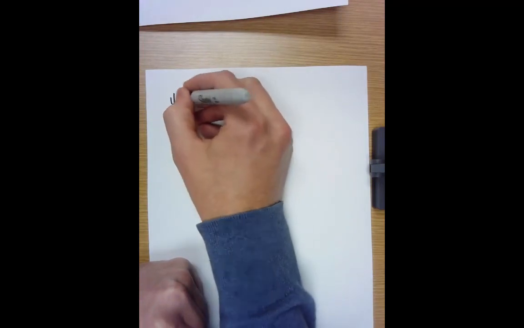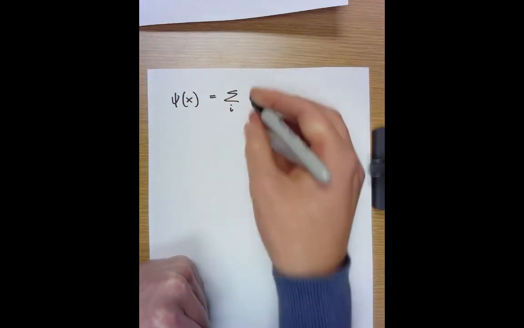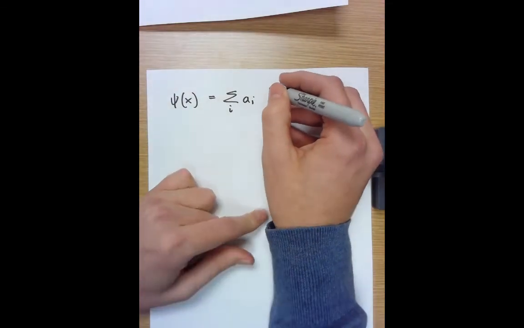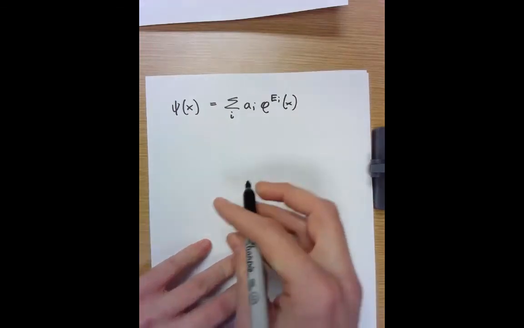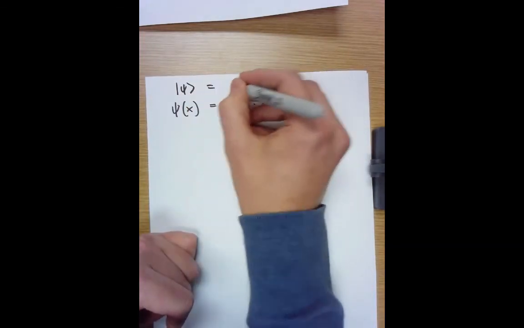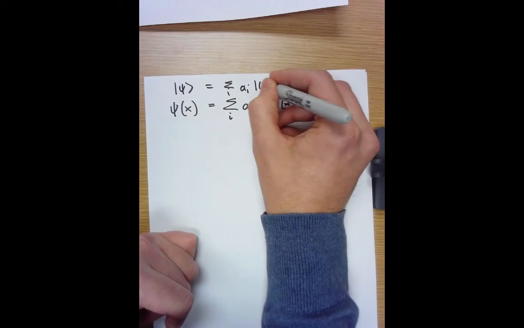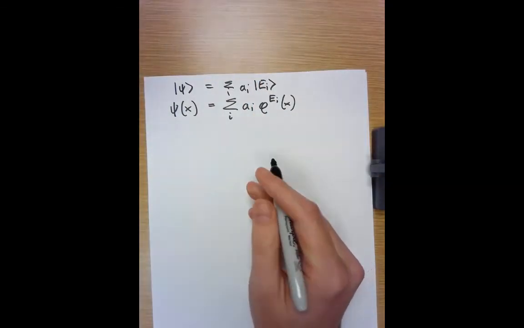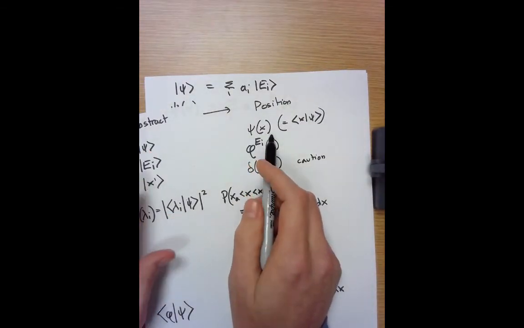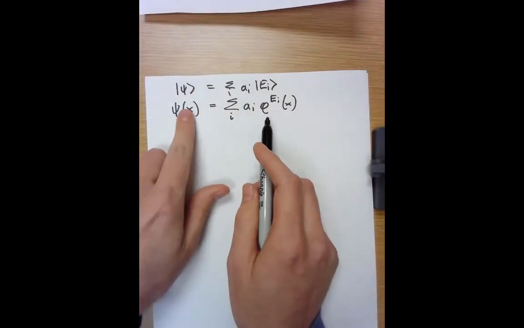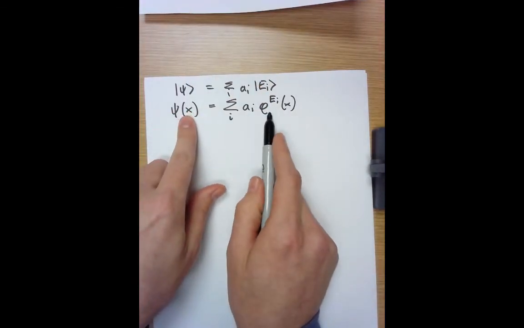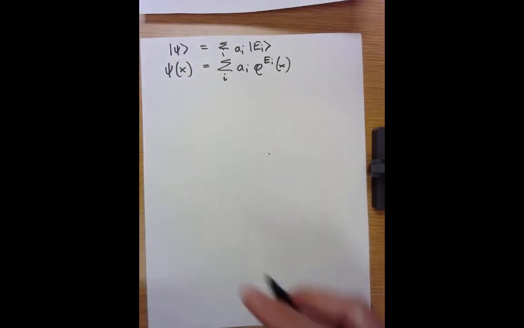So psi of x is equal to the sum over i of A i times the energy eigenfunctions in the position basis, where we've made the translation that psi becomes psi of x, and the eigenstate E i becomes phi E i of x. So we've just replaced these abstract states with their versions in the position basis.